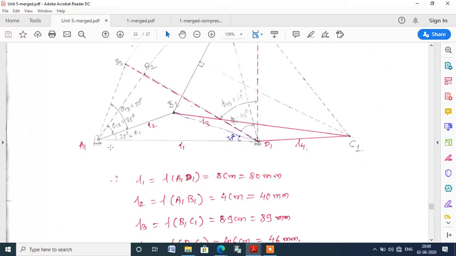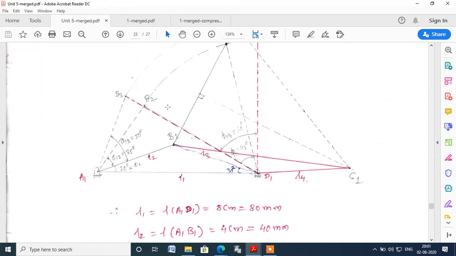So mark the angle 35 degree and draw A1 B2, 40 mm. Then draw A1 B3 with an angle 50 degree with reference to the initial position A1 B1. So we got B2, we got B3, B1, B2, B3.